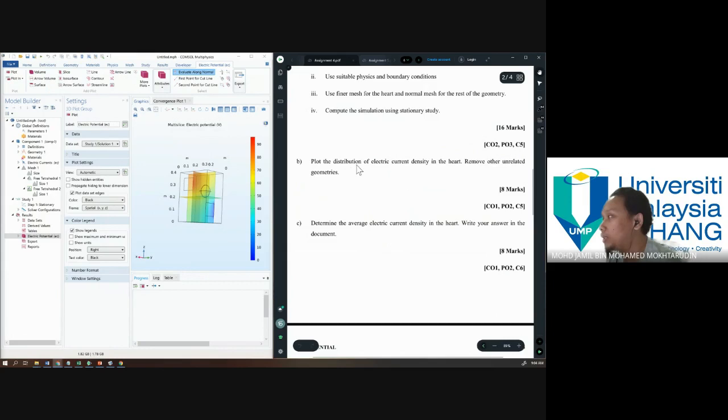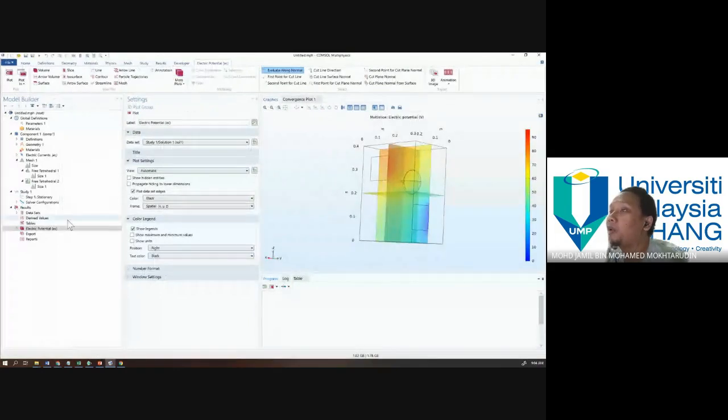So plot the distribution of electric current density in the heart and remove other unrelated geometries. So there are many ways you can do this. Some of you do some other things that I never know, okay? But I only know one way.